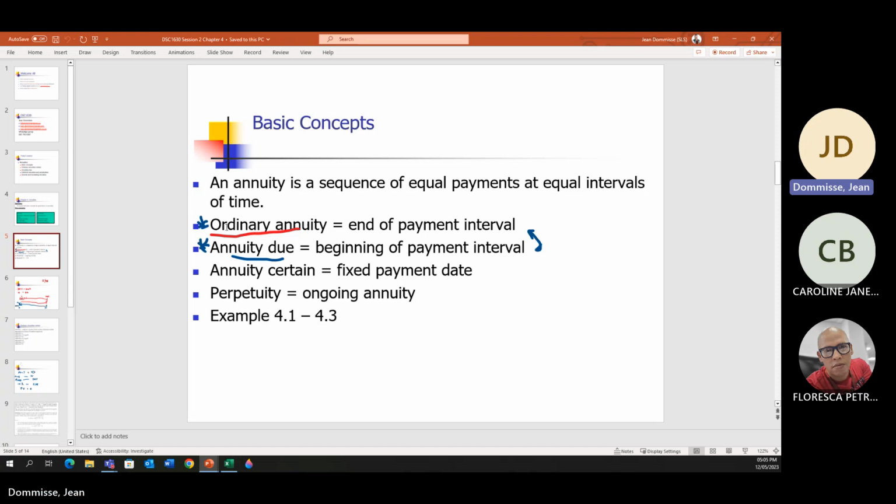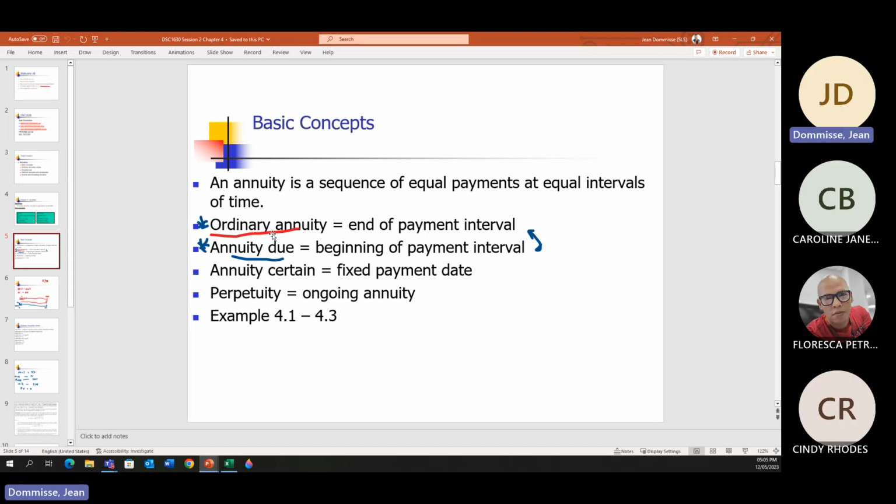If you do it in Excel, you will just change the function in Excel. On my HP calculator, there's a begin and end function. So last week, with ordinary annuities and annuity due, the big difference was that we needed to change the function on the HP.